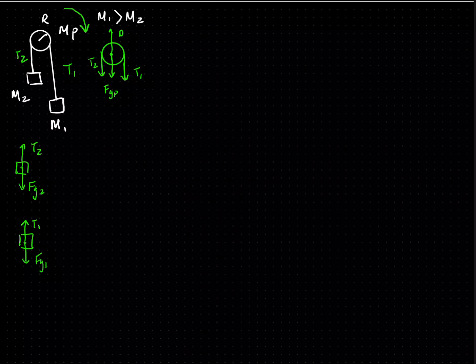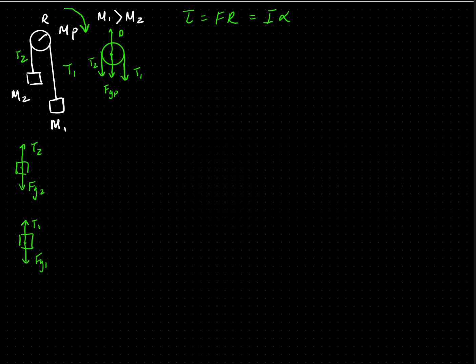The general formula for torque is force perpendicular to r equals I, the moment of inertia, times angular acceleration. The force is going to be produced by the tensions of the rope. The normal and the weight of the pulley will have no effect because they result from the pin, so r is equal to 0.